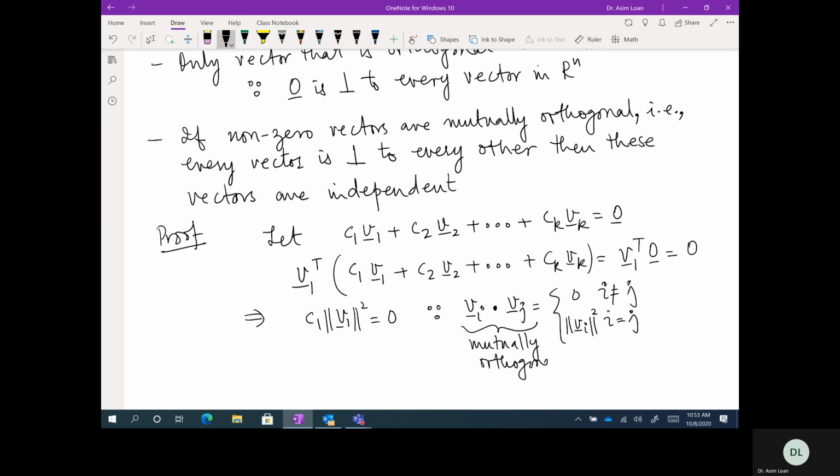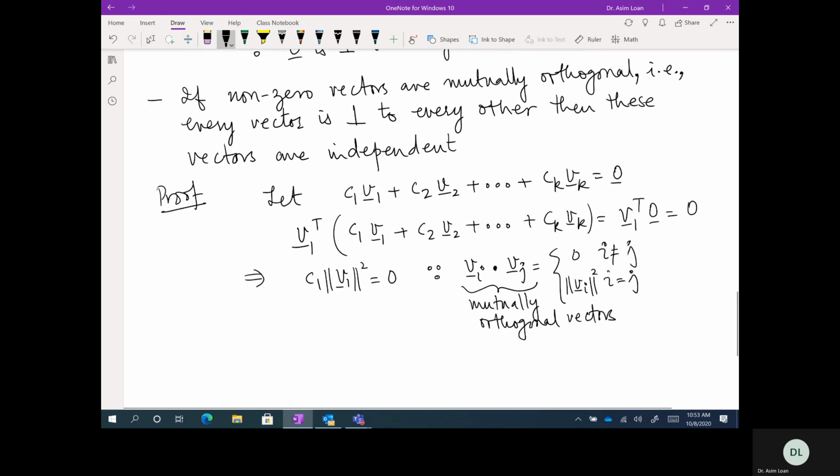Since V1 norm square is not equal to 0, this implies C1 is equal to 0.